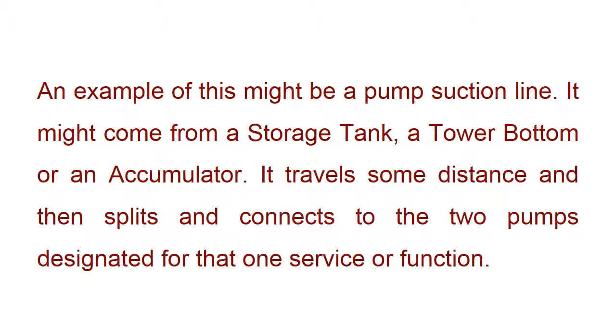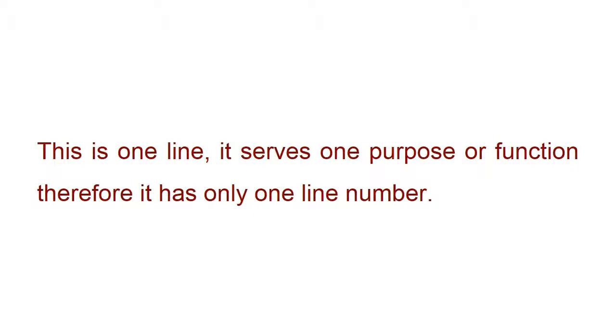It travels some distance and then splits and connects to the two pumps designated for that one service or function. This is one line. It serves one purpose or function, therefore it has only one line number.